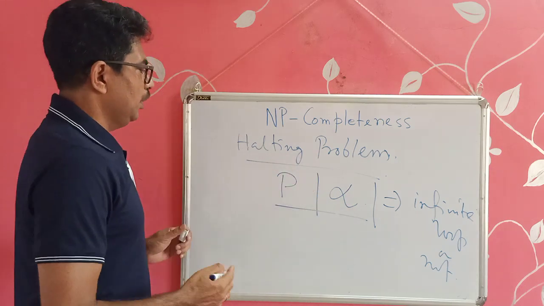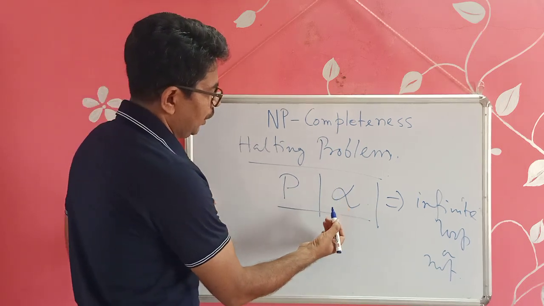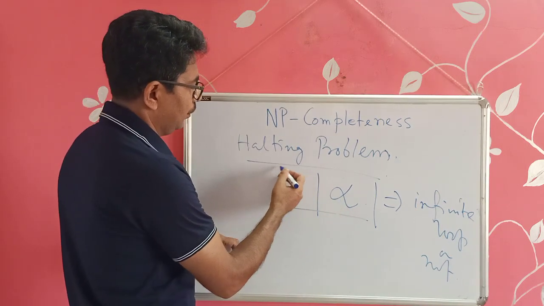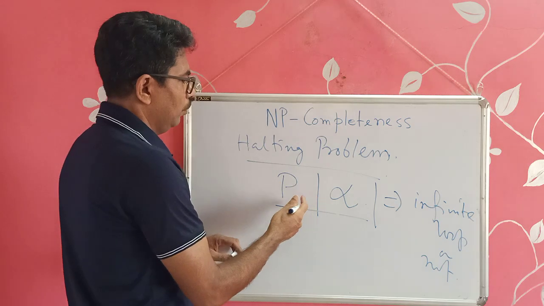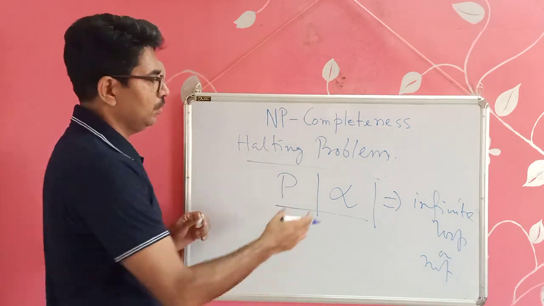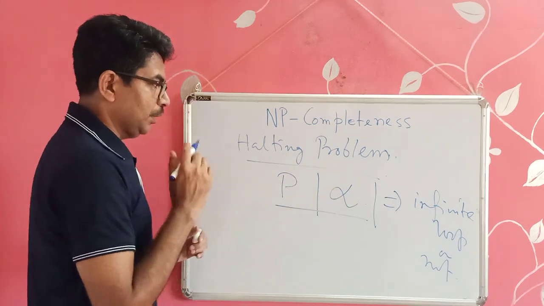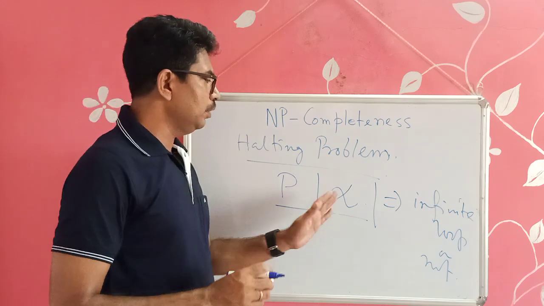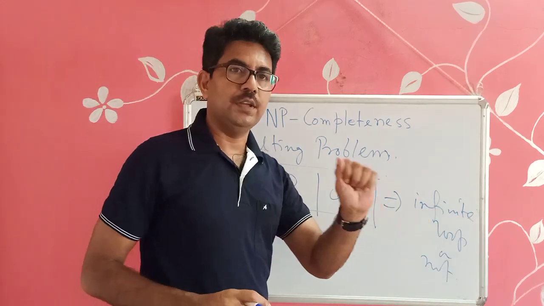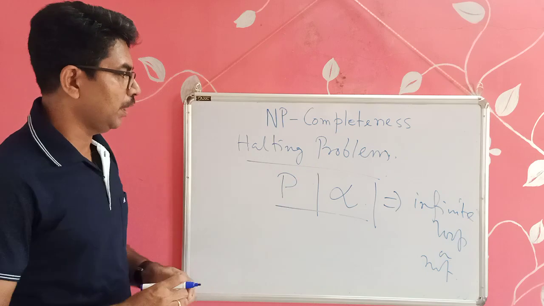To derive whether for this alpha the program P will halt is very easy, because we will execute it and check. But whether it will go into an infinite loop or not, it is not possible to check. Why?